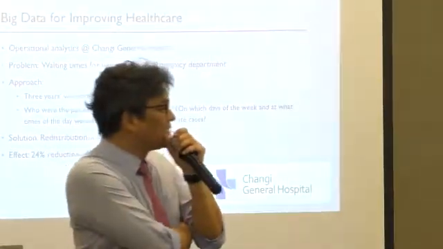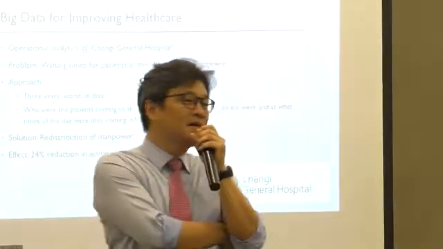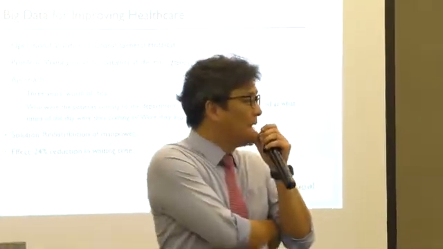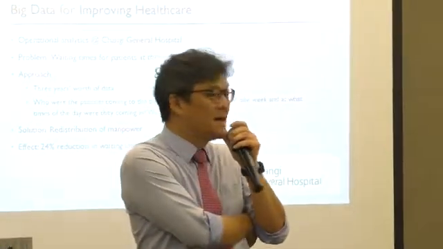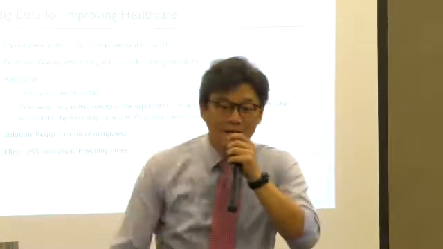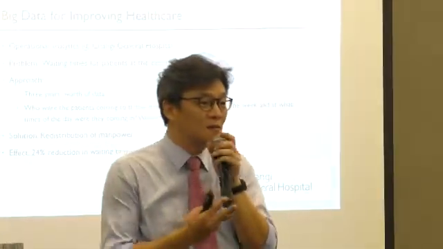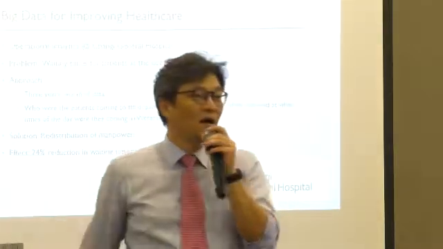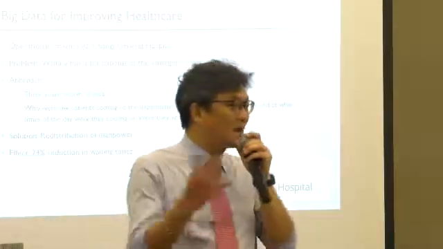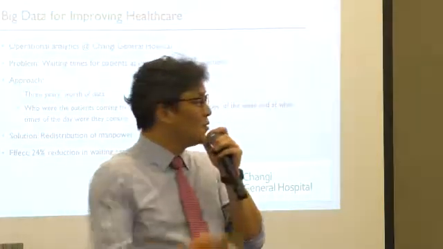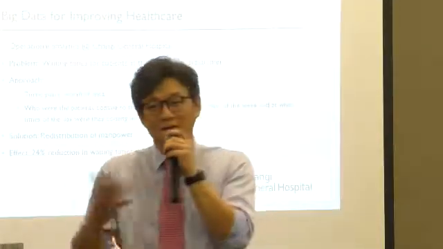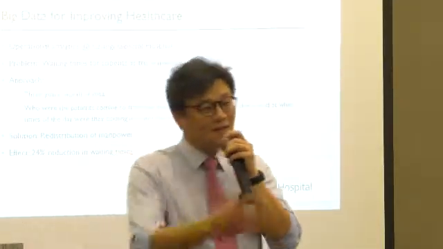And so what the analysts at Changi General Hospital did was analyze the patient arrival data, three years' worth of data on who the patients coming to the ER were, which days of the week, what times of the day they were coming in, what the real acute cases were, and what the less acute cases were that come to the ER anyway.